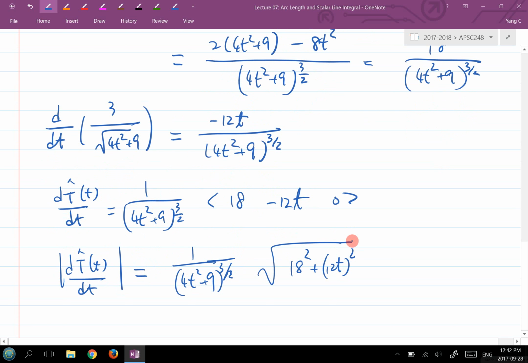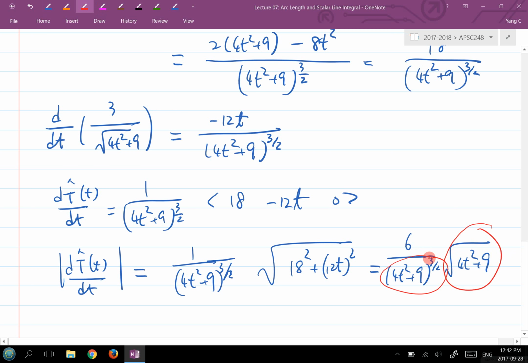Okay. Yeah. And here you can actually simplify this, and then you end up with a 6 over 4t squared plus 9, 3 over 2, square root, okay, 4t squared plus 9. So now you can see this term and then the bottom here, they can cancel partially, okay, not completely.